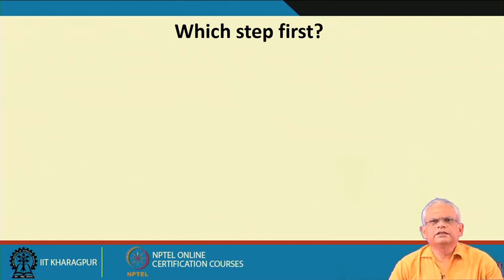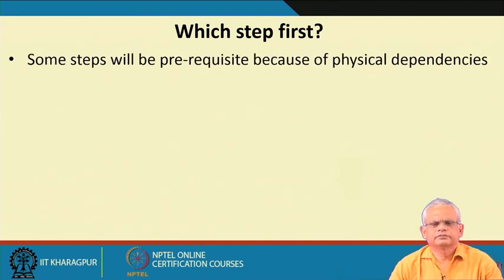Because there are several increments, out of which the designer needs to choose one for delivery in the next iteration, which increment should be selected first? This is an important problem. Some parts will be prerequisites of the other parts, without which the system will not work.